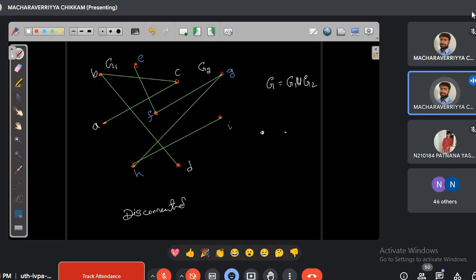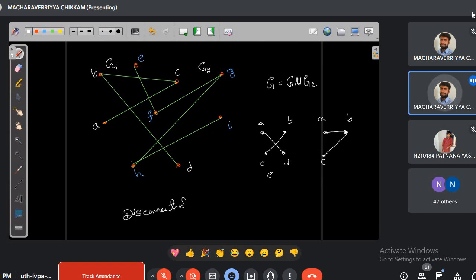Whereas, for example, let us take these two graphs. A, B, C, D. Now I'm taking one more graph, A, B, C. I don't want to take D. So there is an edge between AB and BC.